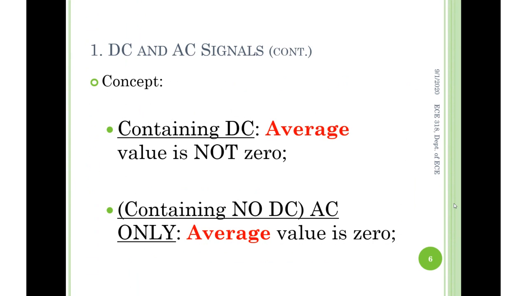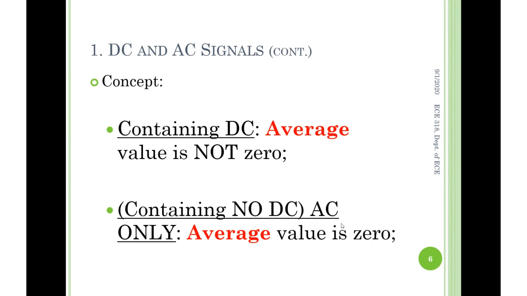And of course, what does it mean by containing no DC? Containing no DC means nothing but purely AC. Purely AC, or say AC only, then the signal, no matter what the look, be very careful, it doesn't matter. The look might be very messy, the look might be very neat.